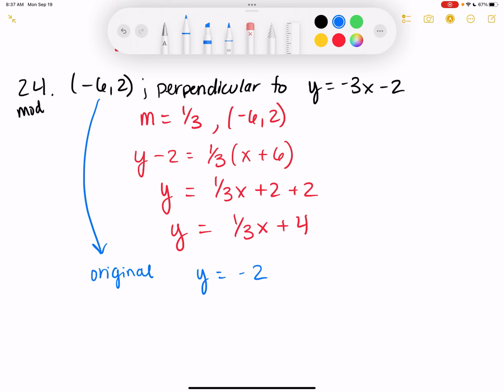Or well, undefined, which means I have what kind of a line? Vertical. So I need to find the x point that occurs at. So it's just x equals -6. That would be your perpendicular line to this. So it's just whatever the value is for x, that's what it is.